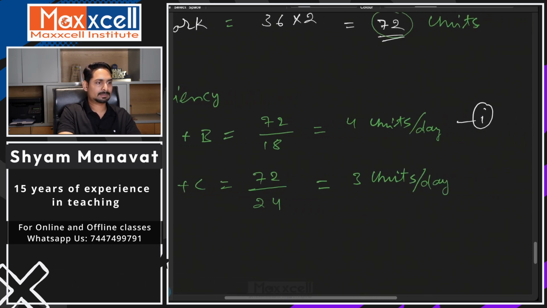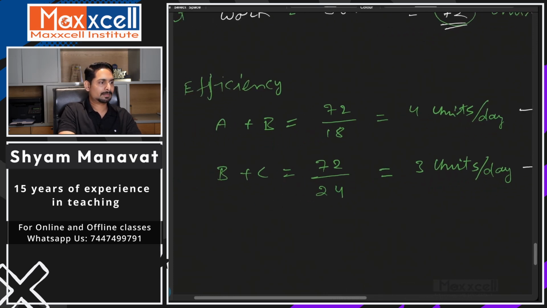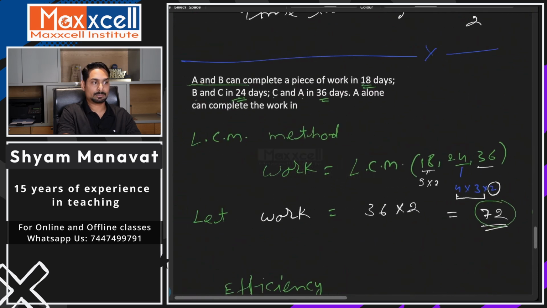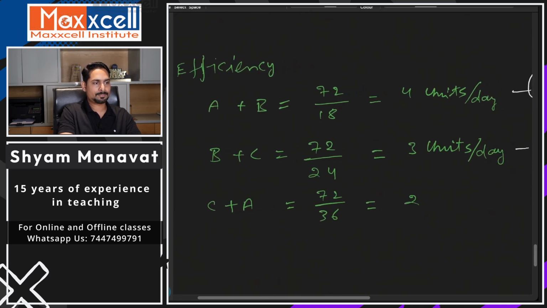Okay, that is second. Next is C plus A. C and A together they are taking 36 days. So work upon time is equal to efficiency, that is 2 times.